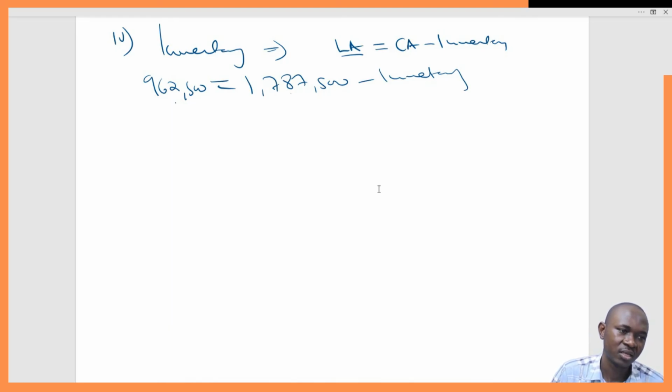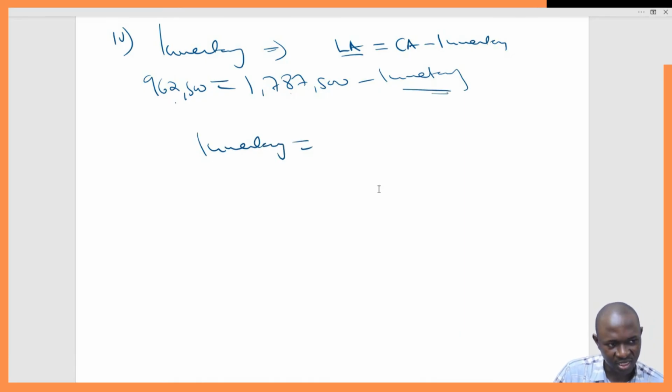So with this, it's already very clear. Inventory will be equal to what we are looking for. Let's take inventory to the other side. When inventory goes to the other side, it will be positive, and then we'll have 1,787,500 minus this, which crosses, so it will be 962,500.